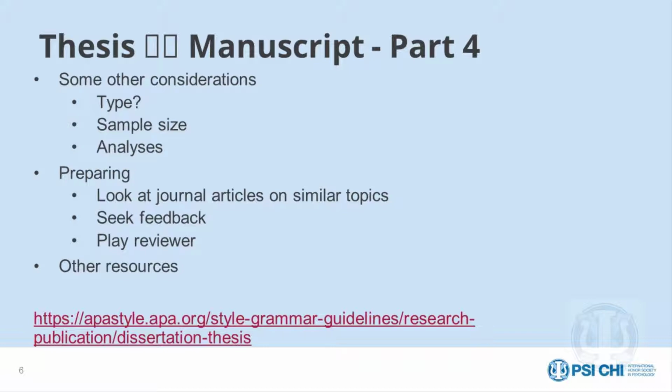The other thing that I think is really helpful as you're getting serious about submitting a manuscript is to play reviewer yourself. This is probably the assignment that I've had in grad school that has been most beneficial for my writing. My advisor and I will pick out a few key articles that are published and related to the study that we're doing or the manuscript we're about to submit.